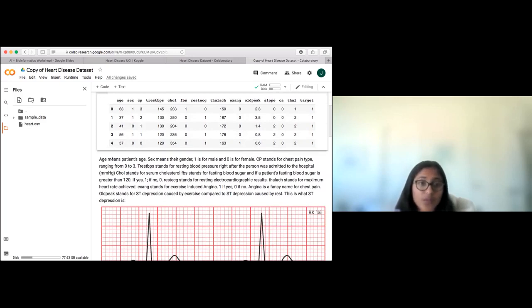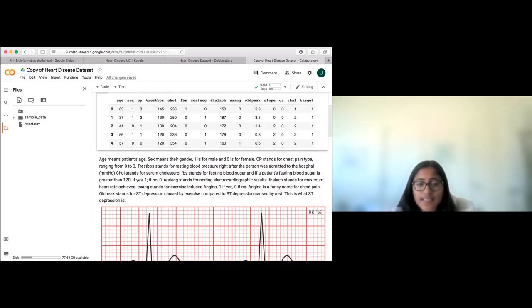So obviously age means age, sex means gender. 1 is for male and 0 is for female. Chest pain type is CP, so that's over here, and it ranges from 0 to 3. 0 is the least painful and 3 is the most intense.